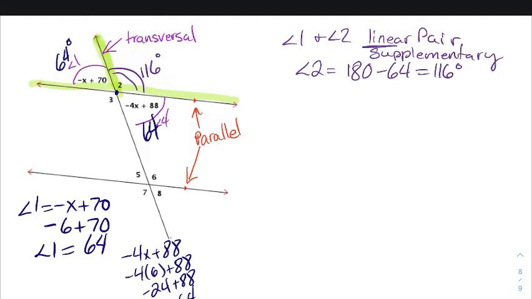Okay, so now we can start applying all of our other properties to fill in all the gaps. Again, angle 2 and angle 3 are vertical, and vertical angles are equal. So angle 3 is also equal to 116 degrees.